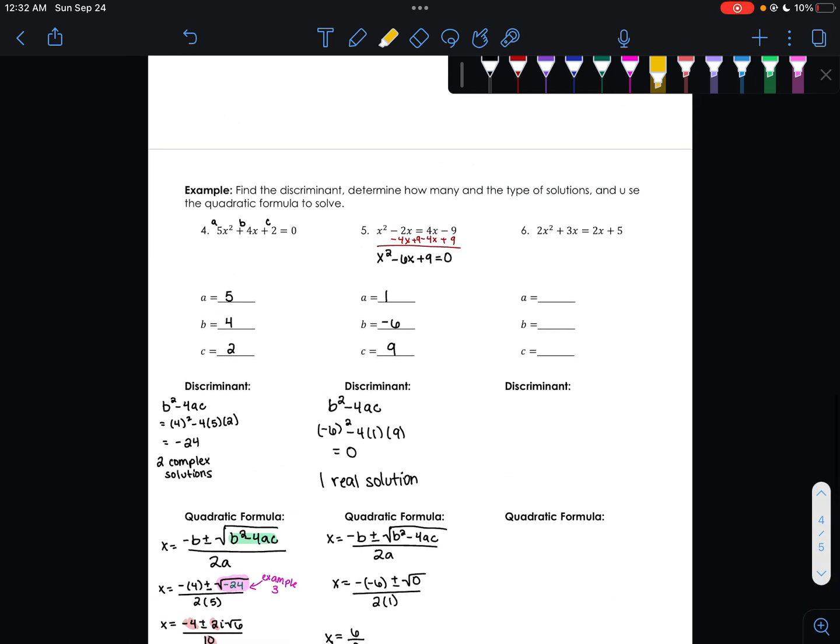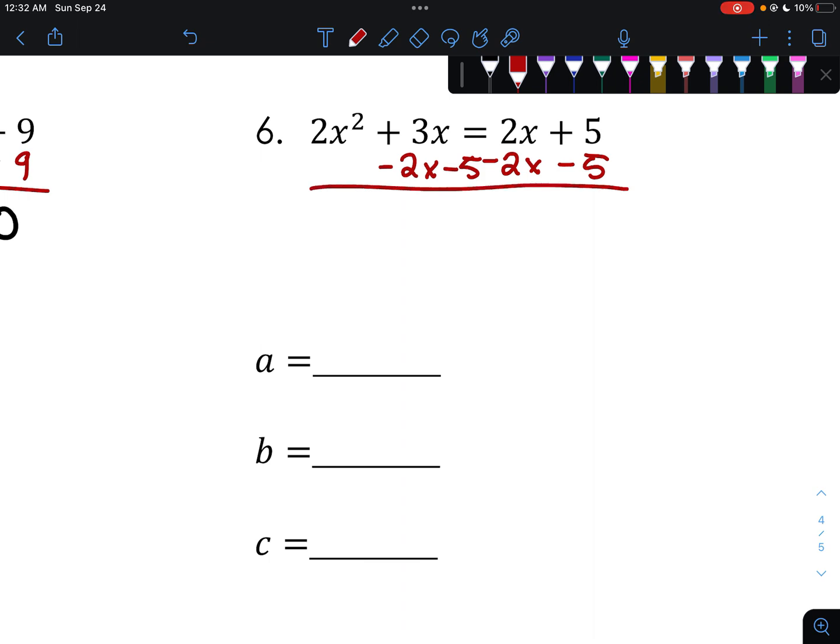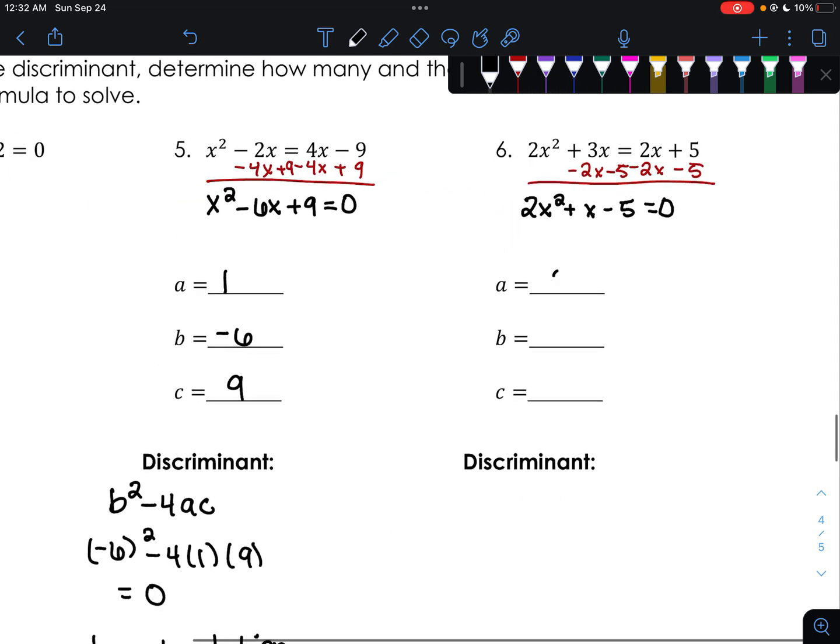So if you want to pause the video and give 6 a chance, that would be good. So on 6, hopefully you gave it a try. We have to subtract over everything, so it's set equal to 0. So that leaves us with a 2x squared plus x minus 5, and that's equal to 0. So we have 2, 1, and negative 5.